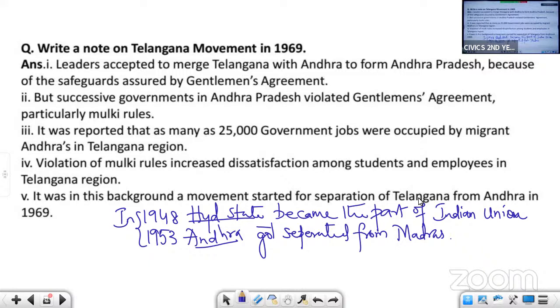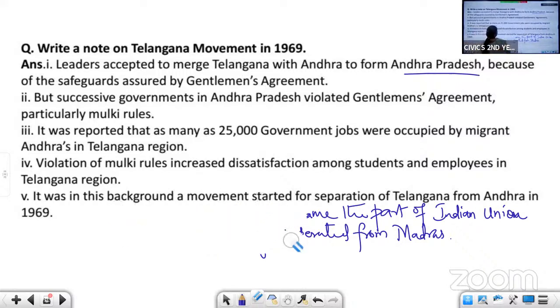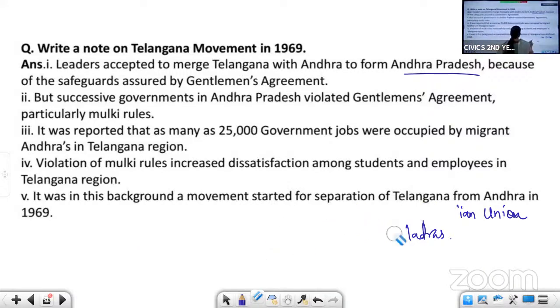But later, after the gentlemen's agreement, both Hyderabad state and Andhra state were merged and Andhra Pradesh was formed on 1st November 1956. It was only because of the assurance given in the gentlemen's agreement.